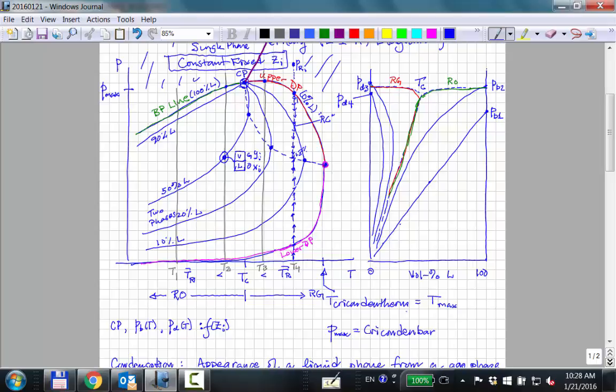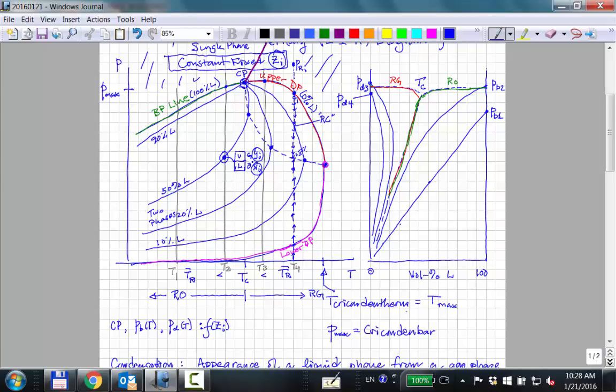I realize I'm starting to write so small I can't even see it, but I'm trying to write clearly enough that you can make it out. So basically, we're going to look at a plot of the compositions. The total composition is Zi. The equilibrium gas composition is Yi, and the equilibrium oil composition is Xi.